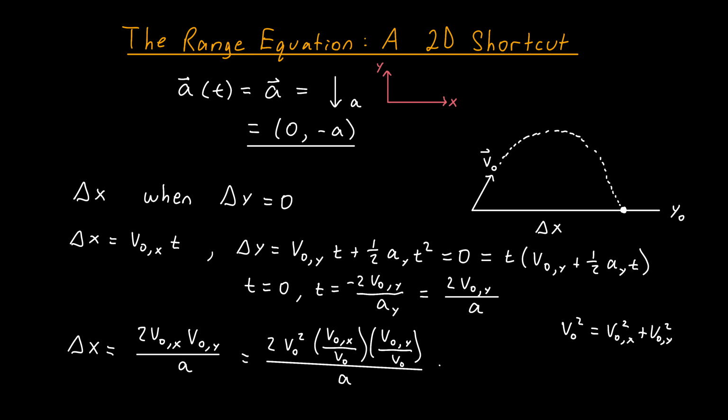And then this brings us to the standard form, where we can replace v0x over v0 with just some sort of cosine theta, right? So if we have some angle theta over here, maybe I should draw this a little bit bigger.